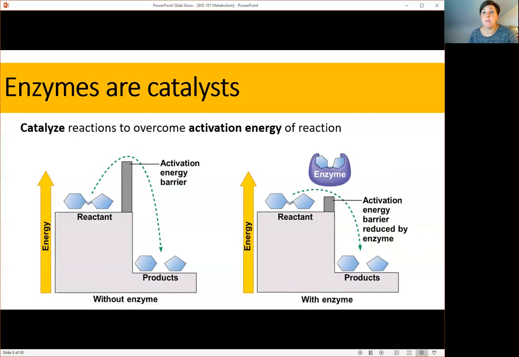Thus, enzymes help speed up chemical reactions by lowering the amount of energy required to enable a reaction to take place. For the vast majority of reactions we discuss moving forward, there are corresponding enzymes that enable them to take place in a timely and regulated fashion.